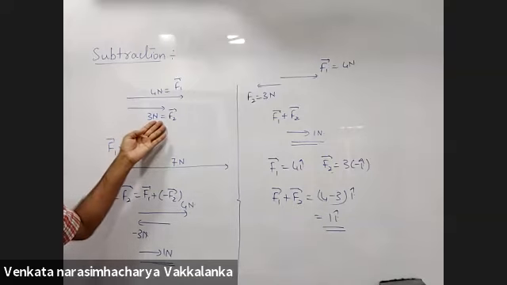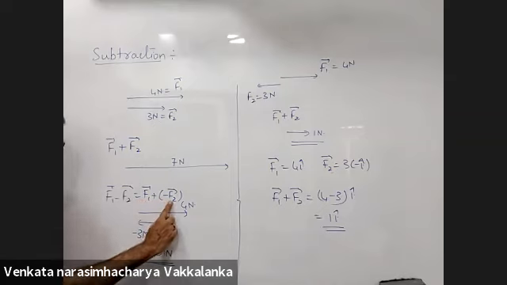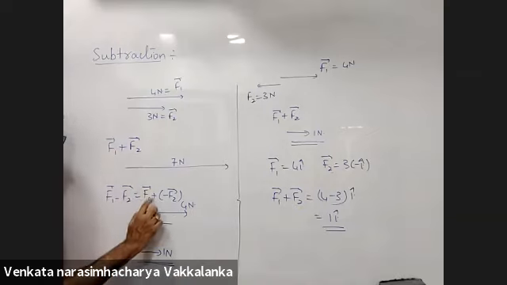Why will you take minus of minus? No, down, down. Here. Exactly. Now it is in the reverse. Now F1 plus of minus F2, 4 plus of minus 3. Oh, okay. F1 minus F2 is F1 plus of minus F2. Yes, sir, understood.